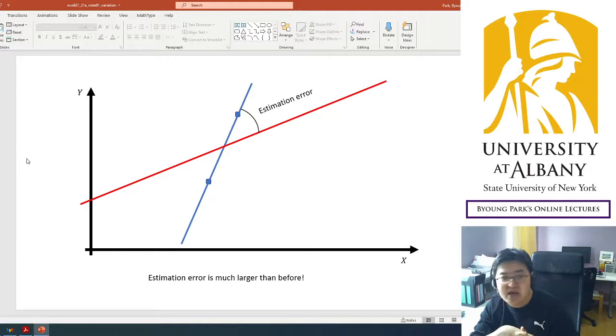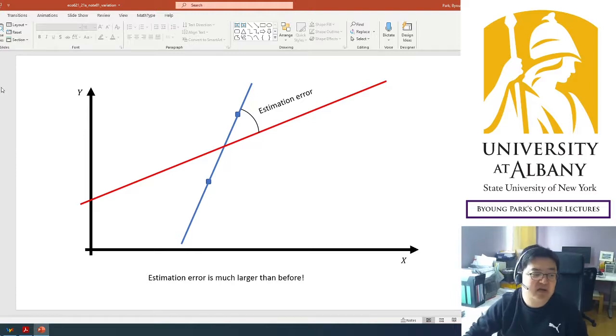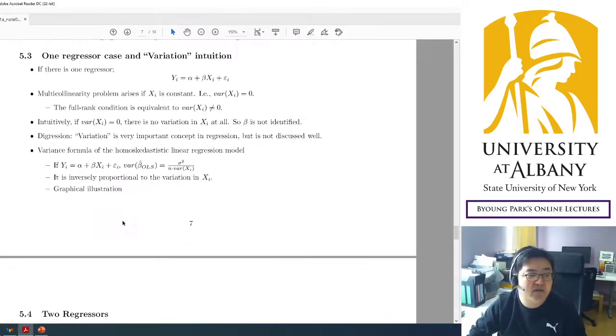So variation in x is very important to make your estimation more stable and more accurate, right? So that's why the variance of x is in the denominator of the variance of the OLS estimator. That is the intuition. So having enough variation is important.